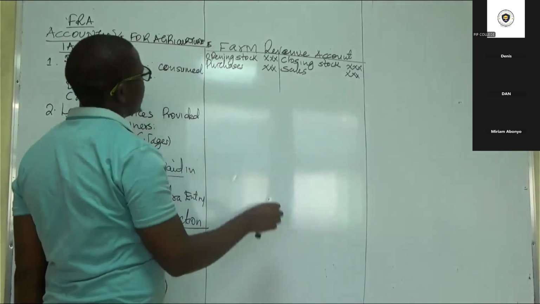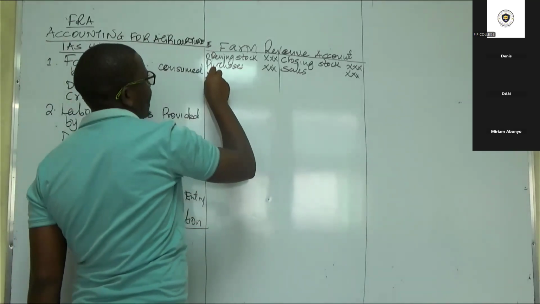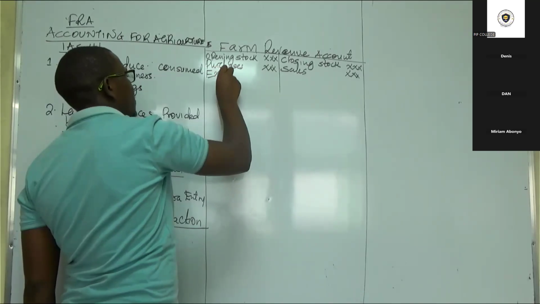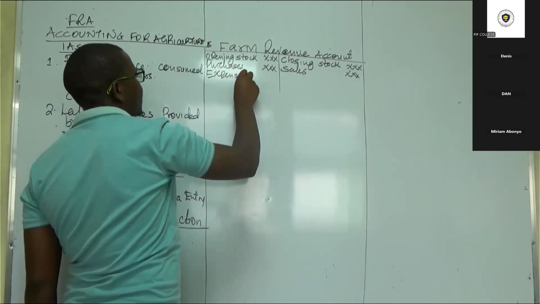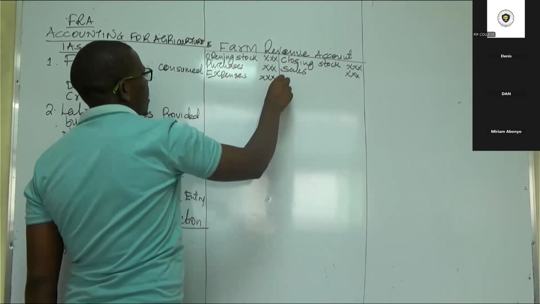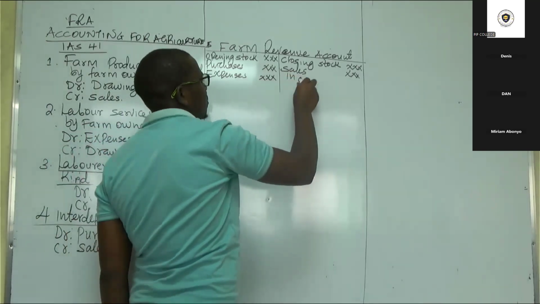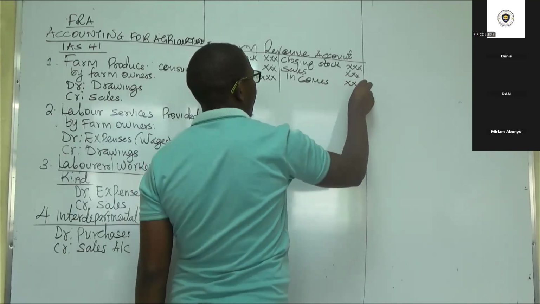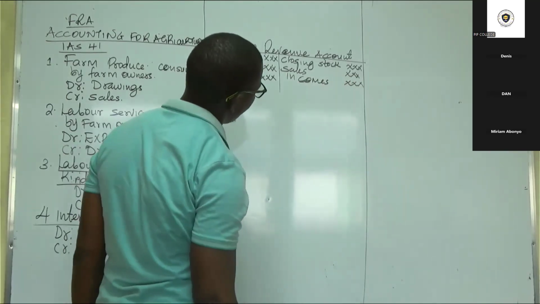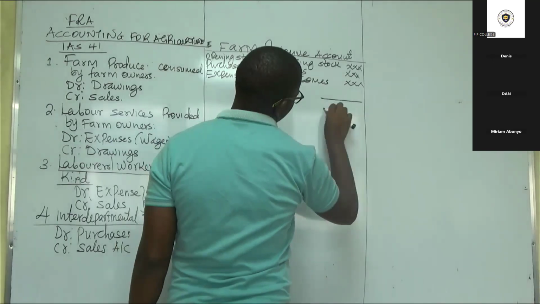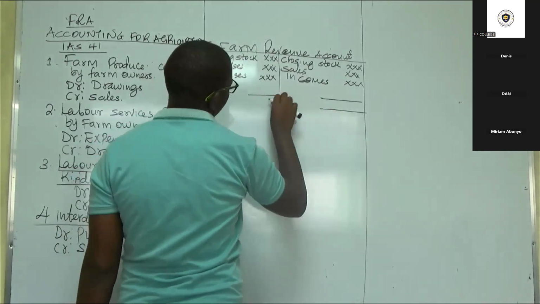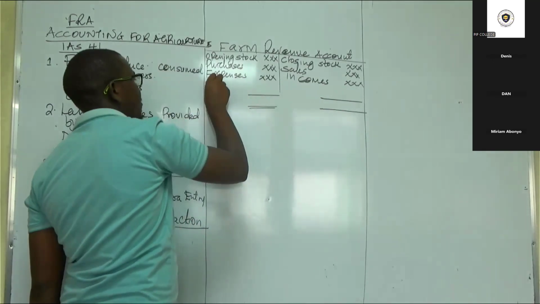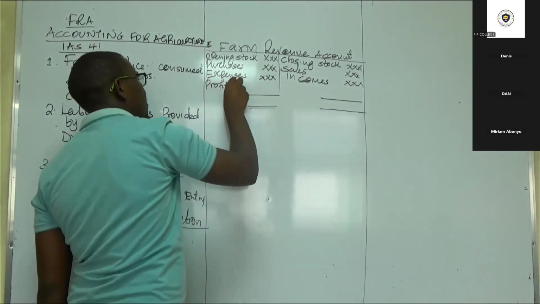There are also the expenses. Any income we credit the incomes. And with that, you balance. If the balancing figure is on this side, this will be profit.